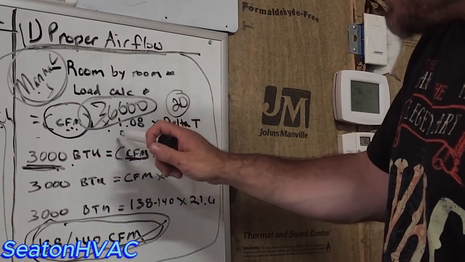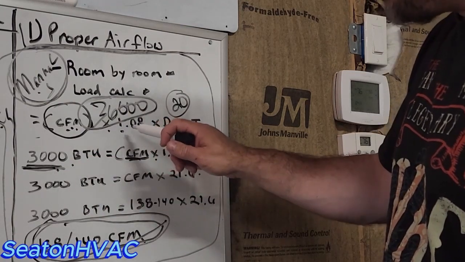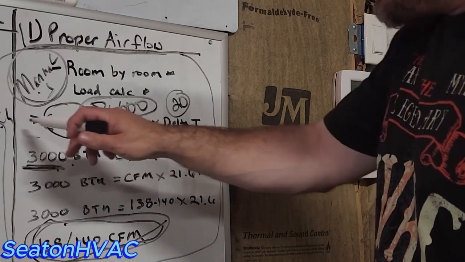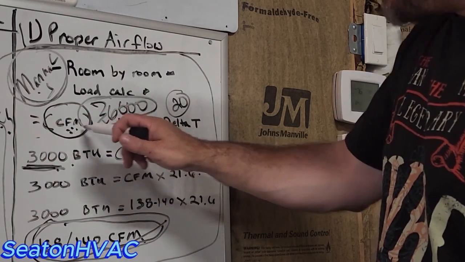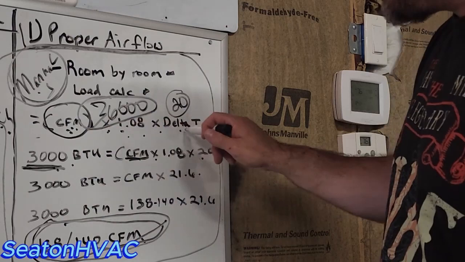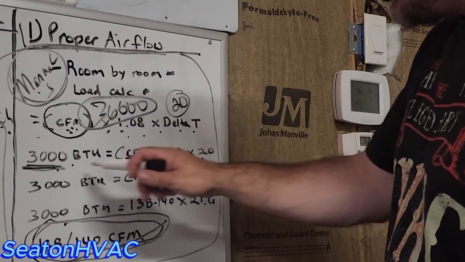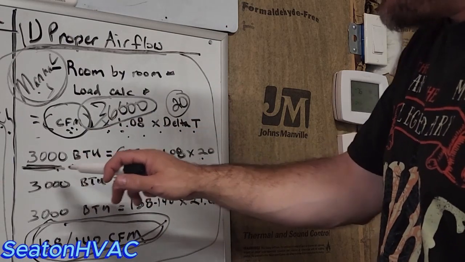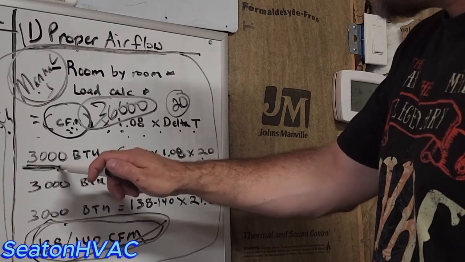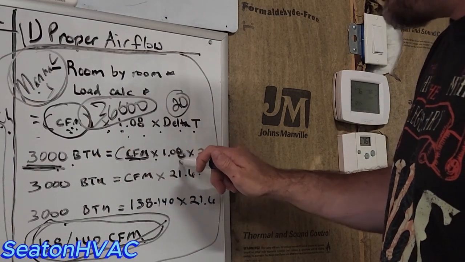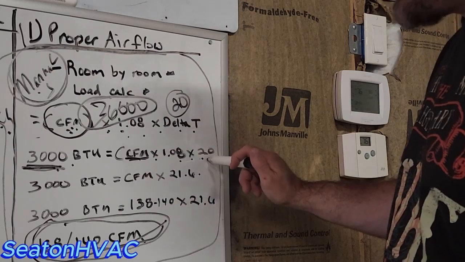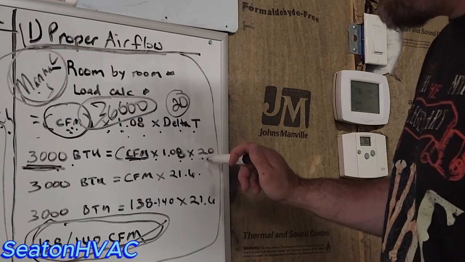And you'll find this on that slide rule that I have. Your BTUs will equal X, which is your CFM, times 1.08 times whatever your delta T is. And that's how you do this, right? So let's go over it one more time. 3,000 BTUs equals an unknown quantity times 1.08 times your delta T, which we're going to use 20 because we're doing it for cooling.